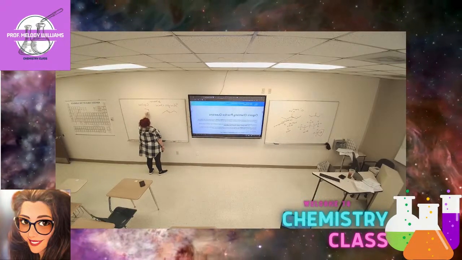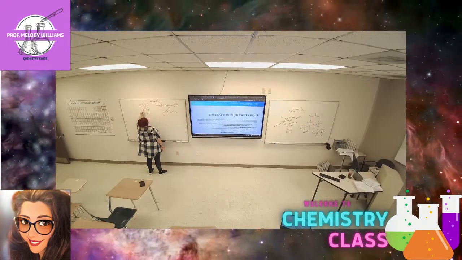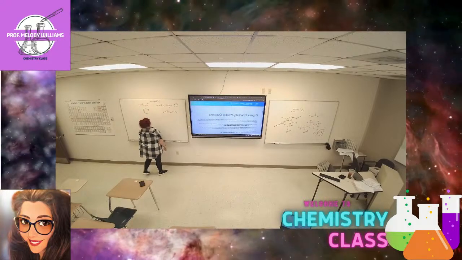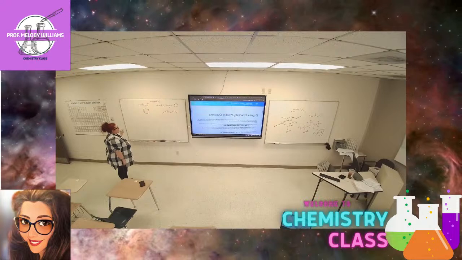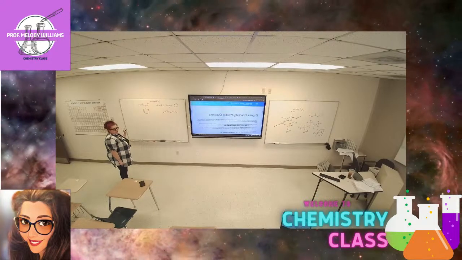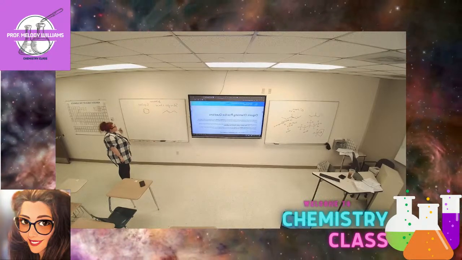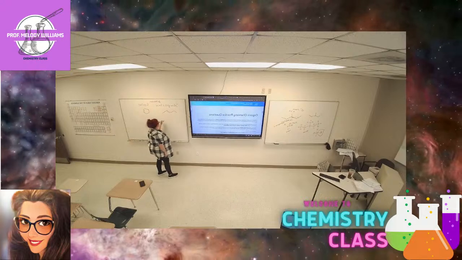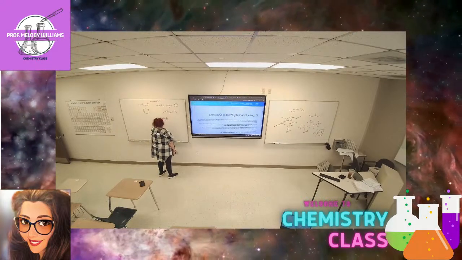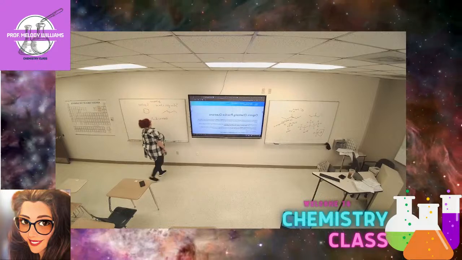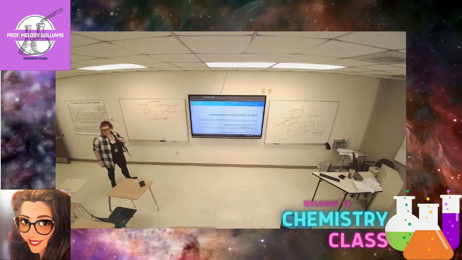Cyclical is a ring with a double bond in it. So when we're dealing with alkenes, the types of reactions that we put these through are addition reactions.